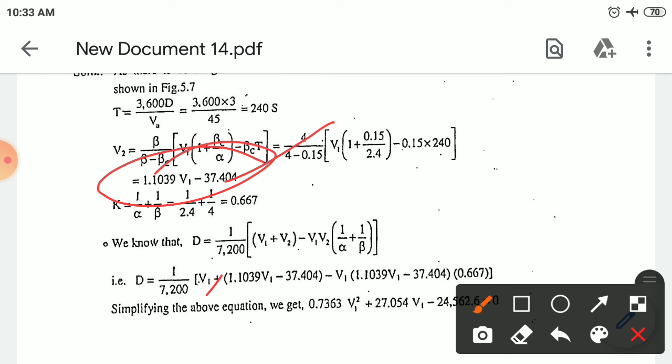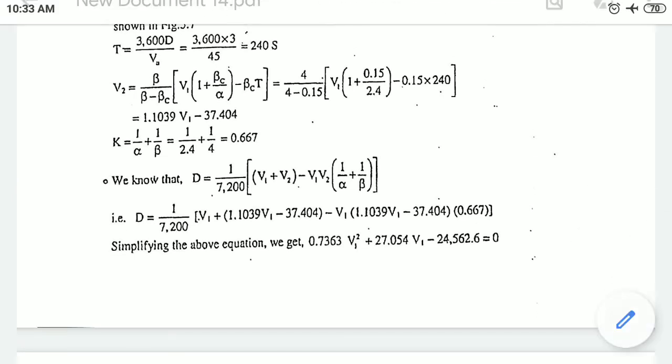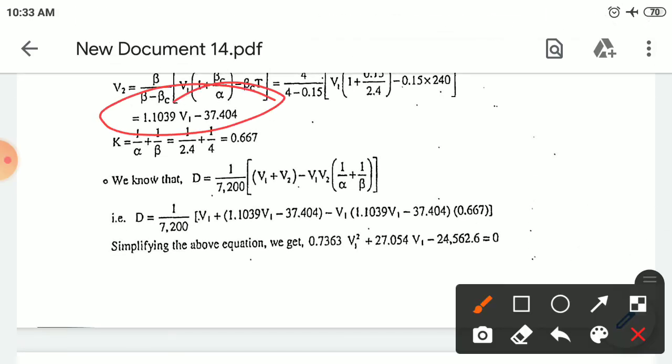V1 plus V2 is this one, and V2 is this one, into the alpha value. Substitute it to simplify the above equation. You calculated V2 as this equation in terms of V1, so substitute that V2 and simplify it, and you will get this equation.